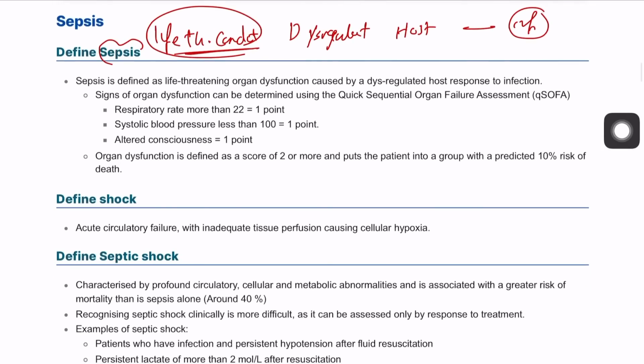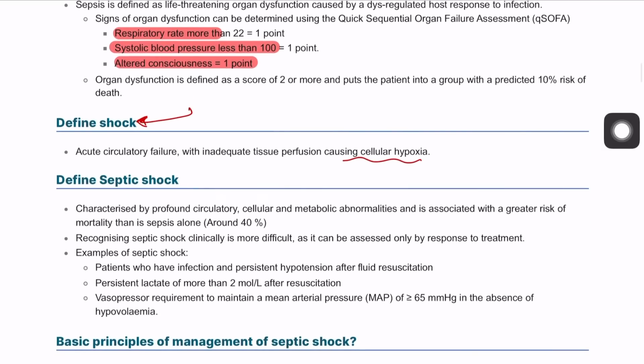The signs will initially be high respiratory rate, low blood pressure, and altered consciousness. But what is a shock on the other side? So a shock is acute circulatory failure due to inadequate tissue perfusion causing cellular hypoxia. All right. So basically, the amount of blood that is going to the tissue is inadequate. On the other side, now let's combine it and define what is a septic shock. So basically, it's sepsis and shock as well.